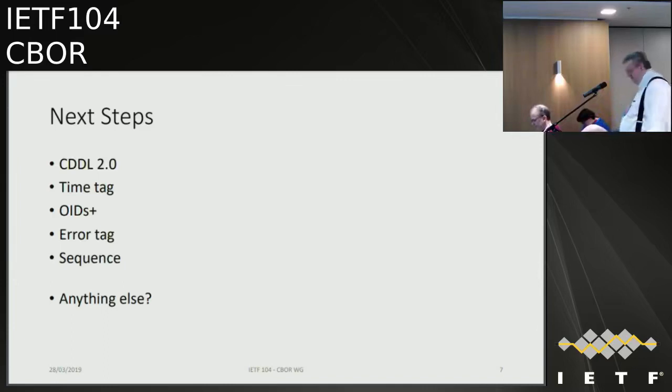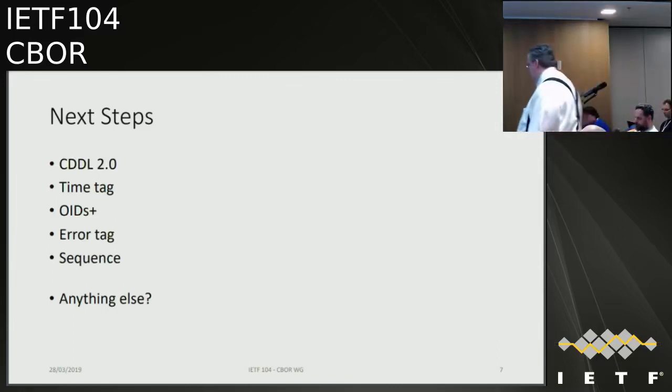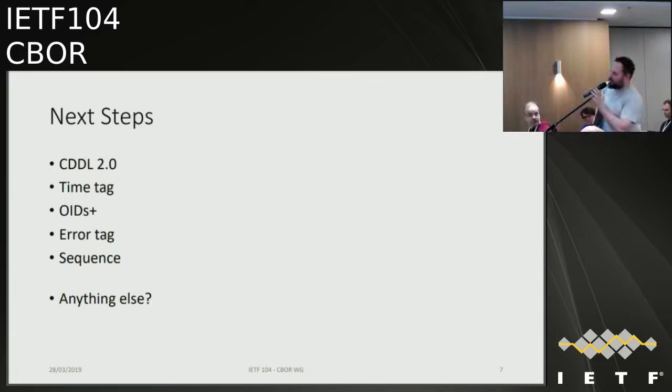Alexei, do you have an opinion as AD? Not yet. I'm trying to come up with one. Okay, good. I was just about to check what's in the current charter too. So it's CBOR BIS, CDDL, and array tag and OID tag.